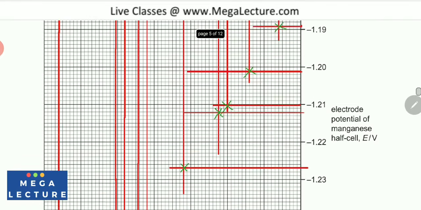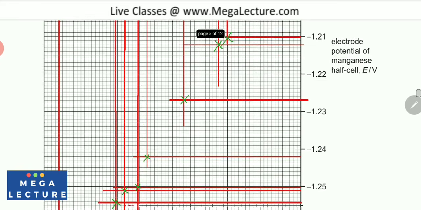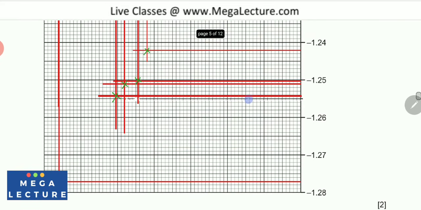And on the y-axis, plot those points and draw these lines. It's very easy to get these points incorrect, to mark these points incorrectly. So make sure you use this method, draw these light lines with your pencil, and where the lines intersect, those are your points. That is where you're going to put cross marks. And this is the way you're going to be more accurate with your markings.